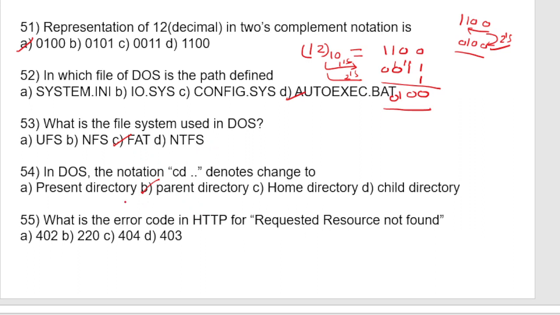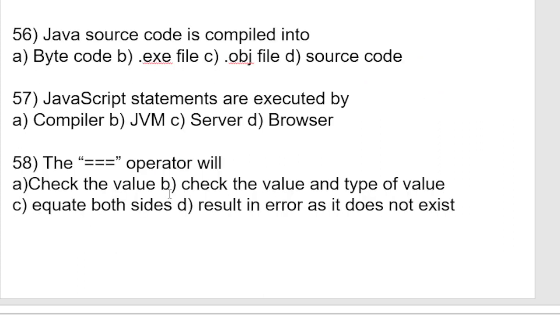What is the error code in HTTP for request resource not found? दोस्तों, we generally get 404 error code if the requested resource is not found. Next is, Java source code is compiled into, so basically bytecode.